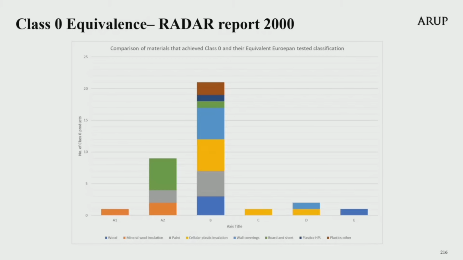It can be seen that the majority of the Class 0 samples achieved Class B. However, one of the samples was as low as Class E. This was a wood fibre board. The Class C product was an aluminium-faced phenolic foam insulation, and the Class D product was an aluminium-faced PIR insulation. The only panel tested was an FR HPL panel, and it achieved Class B.